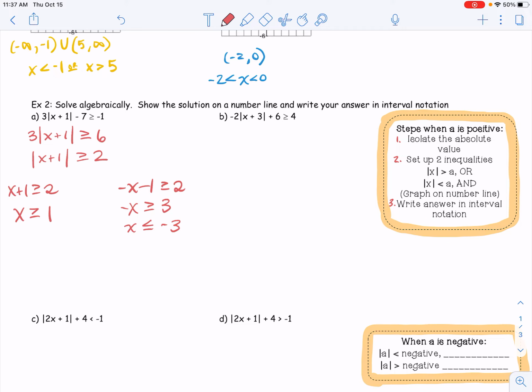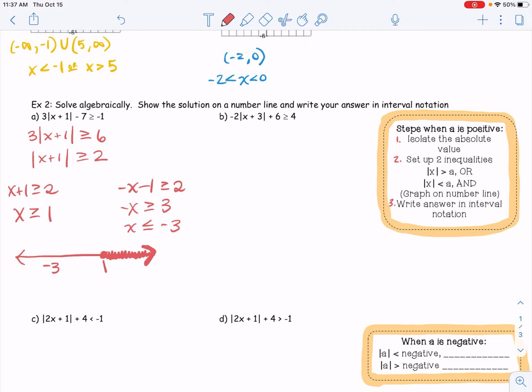So what I want to do is actually graph it on a number line. So I'm just going to quickly sketch a number line. I know that negative 3 will be on the left and 1 will be on the right. Looking at my symbols for x is greater than or equal to 1, that means at 1 I have a solid dot and I want all the x's greater than that. So that's everything on the right-hand side.